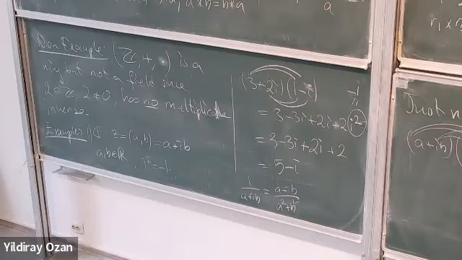Yeah, okay. And these are cancelled, and here I have minus i squared. Minus i squared is just +1, so we get A squared plus B squared divided by A squared plus B squared. So this is equal to 1. Therefore, the multiplicative inverse of this number is just this, because their product is equal to 1.